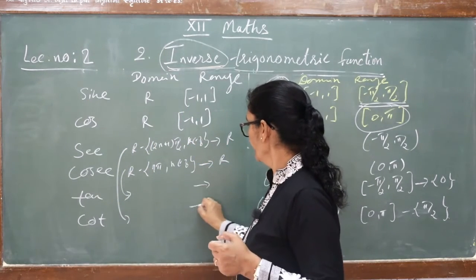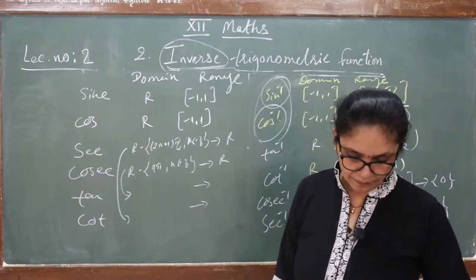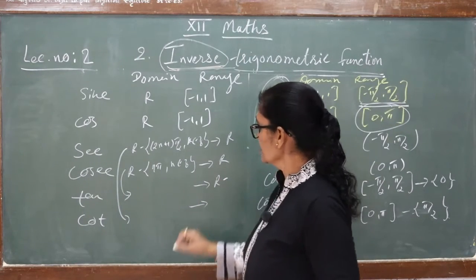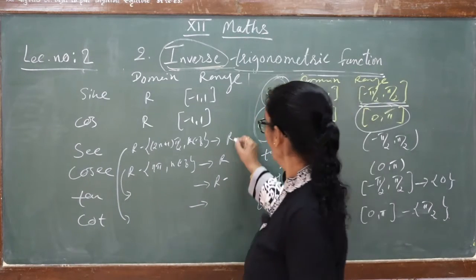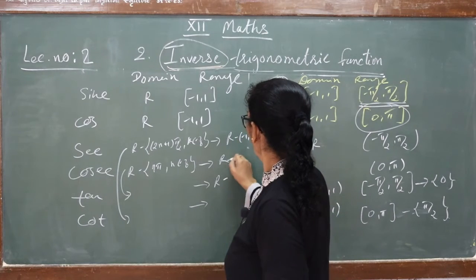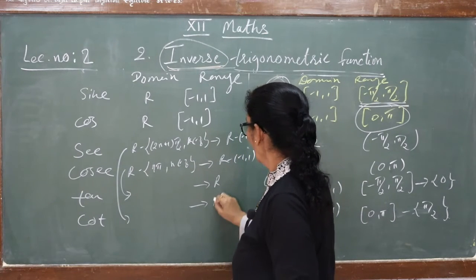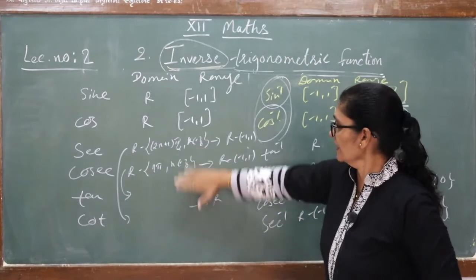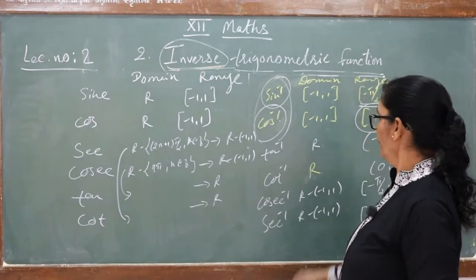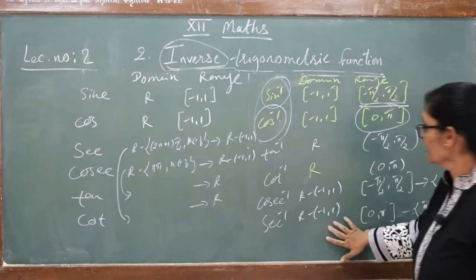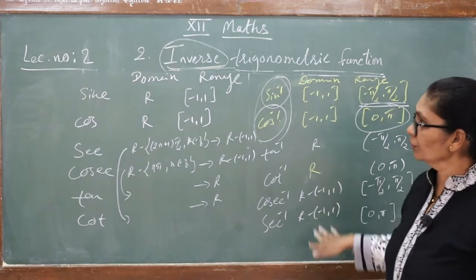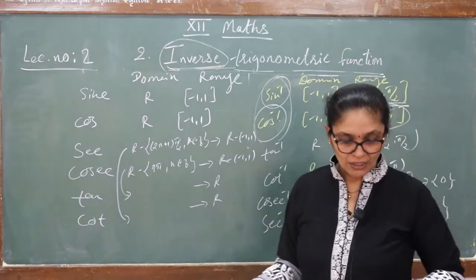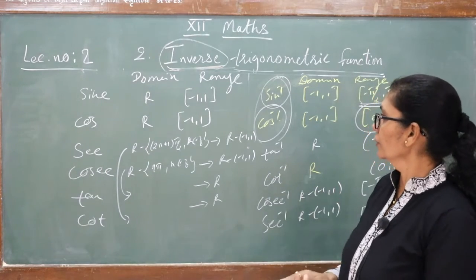But the range here is R minus (-1, 1) for sec and cosec, and here it is R only. All these things, this table, we have already discussed in our previous class. Just now we have discussed this table. So go through both tables properly, so we can easily solve the questions.